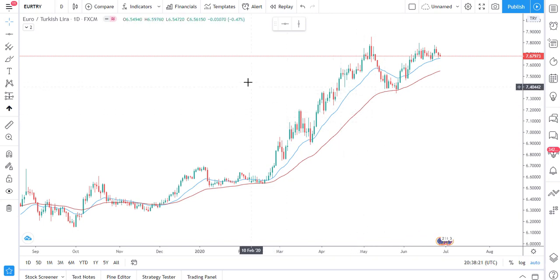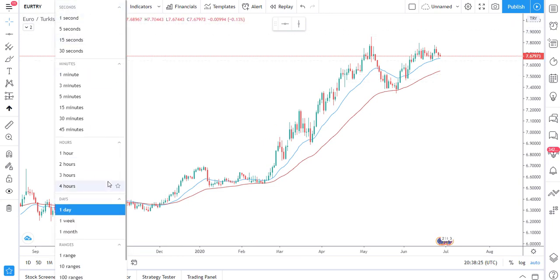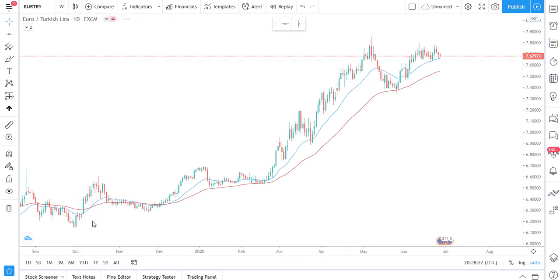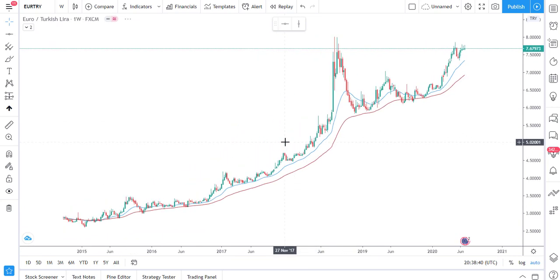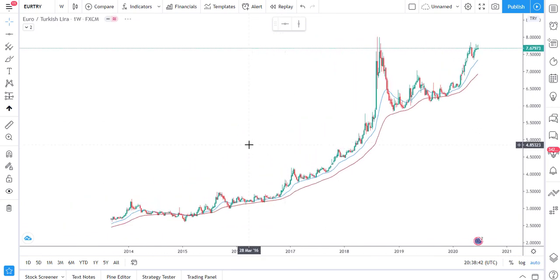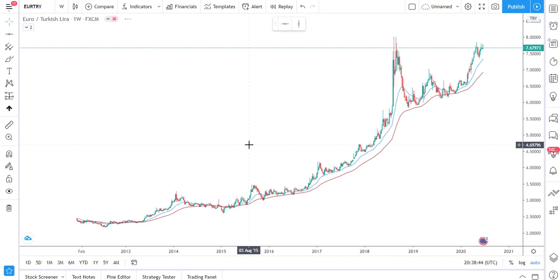Now as for this pair, it all starts on the weekly, so I'm just going to briefly touch on the weekly, which is the reason why I originally entered this pair. As you can see on the weekly, scrolling back into the chart, this pair doesn't really go that far into the past.